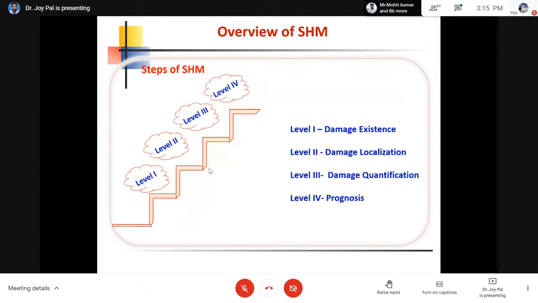If some member is affected, then what is the severity of the damage. So that you will get in the level 3 category, damage quantification. And the last one is prognosis, that is prediction of how long this structure can sustain. So these are the categories of the structural health monitoring.